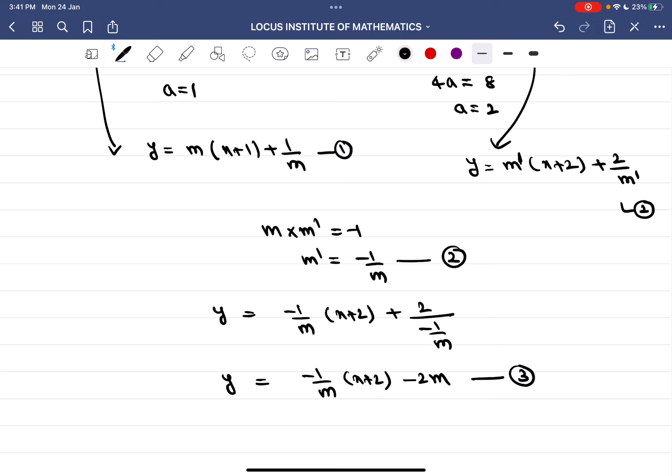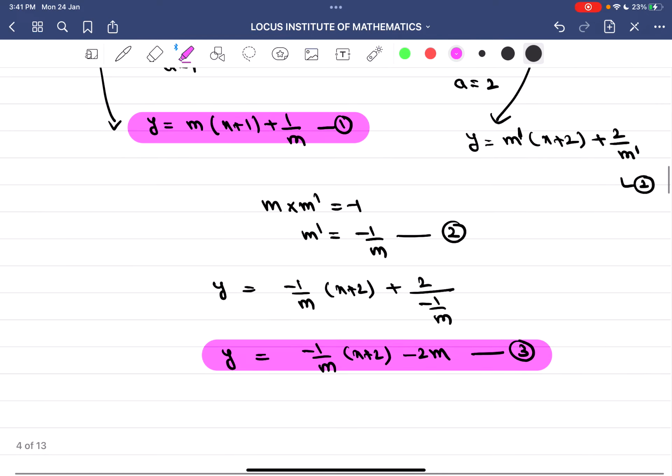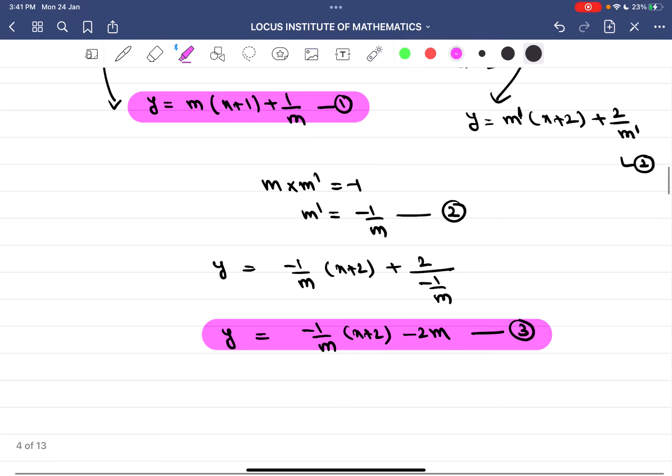So now from the first equation and this third equation, eliminate the parameter m. So how to eliminate? Just subtract 3 from 1.